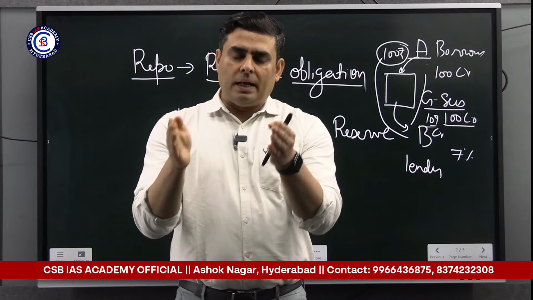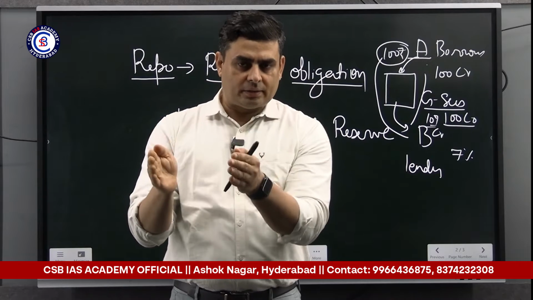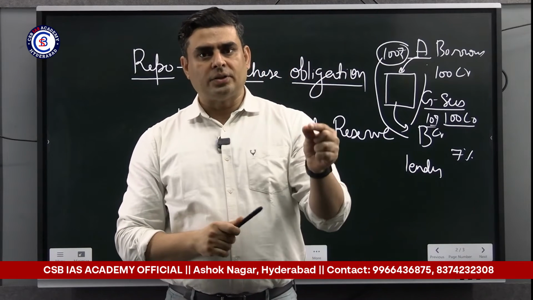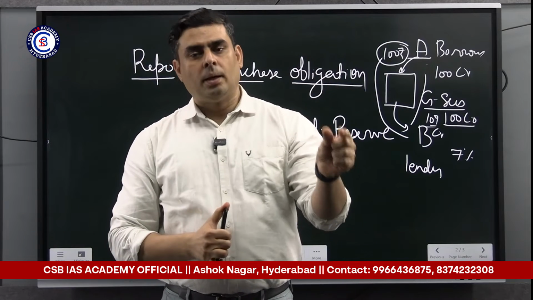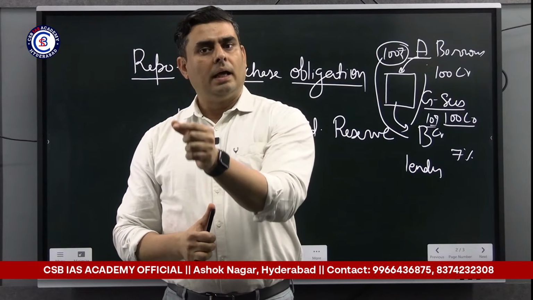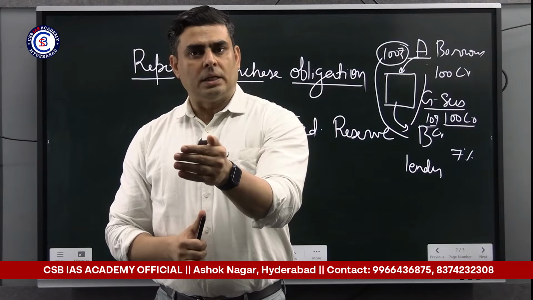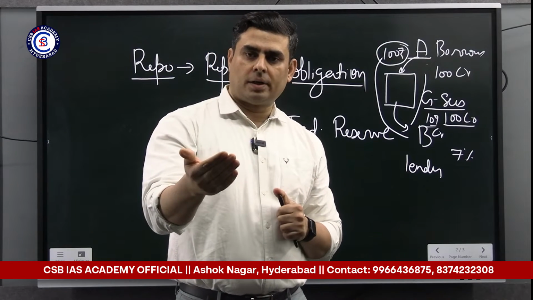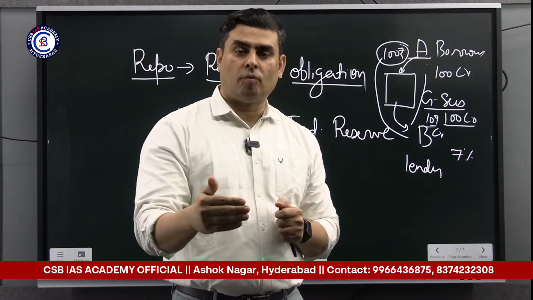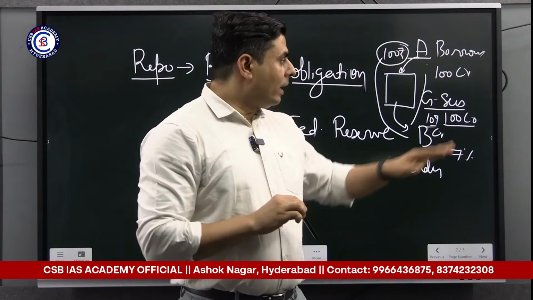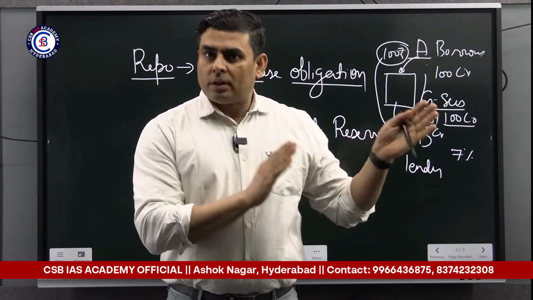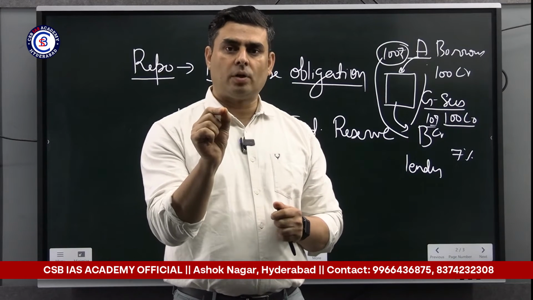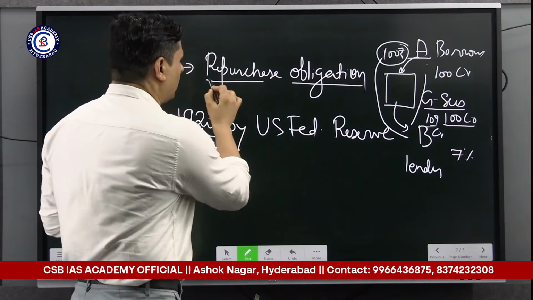So in this lending and borrowing operation, the government security was sold by the borrower, and with the obligation it is being repurchased by the borrower. So the borrower will sell that government security and has an obligation of what? Repurchase it back once the tenure of this borrowing is completed. So this sale of government security is happening with what?